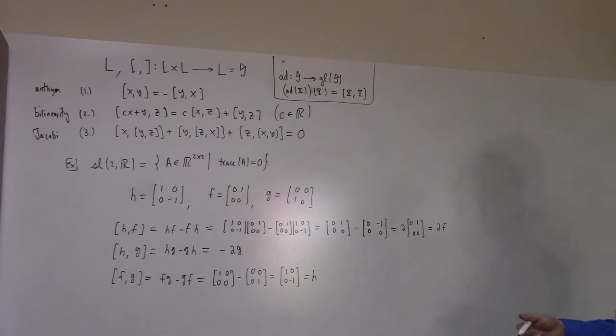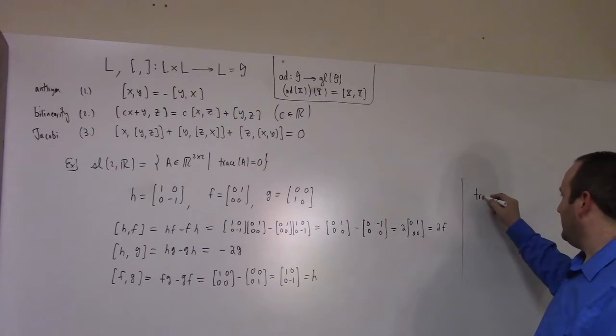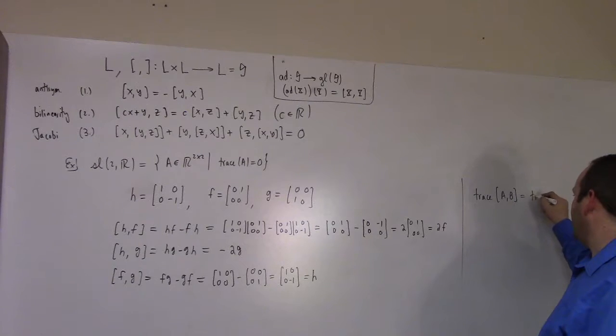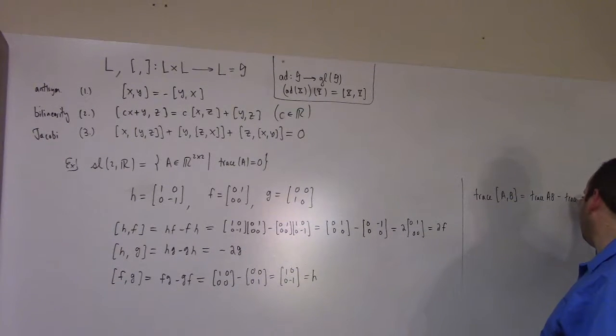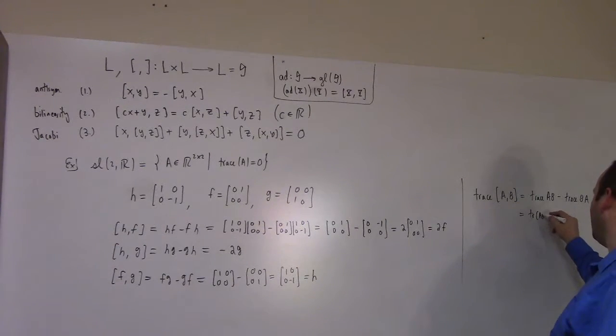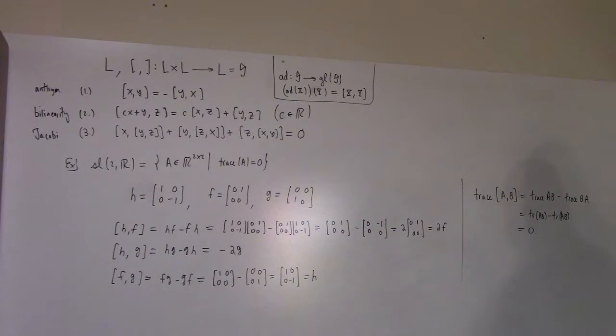Now, of course, this is a terribly inefficient way to show that. You could easily show that by just saying, well, the trace of AB minus BA is the trace of AB minus the trace of BA, which is the same, which is equal to the trace of AB minus the trace of AB, which is 0.